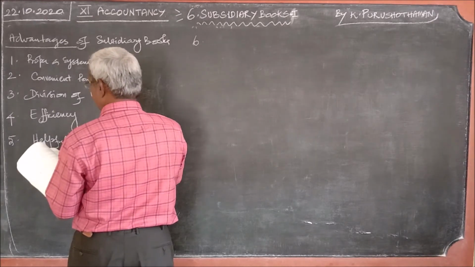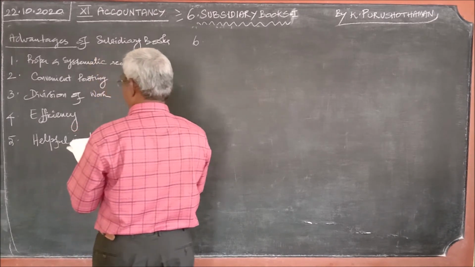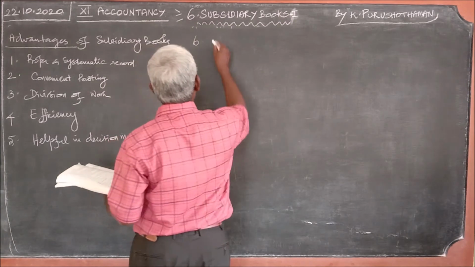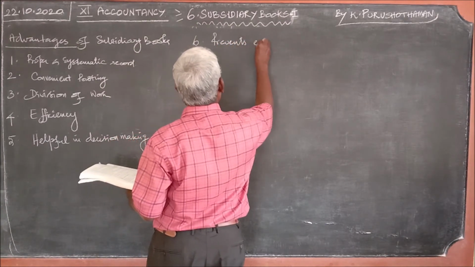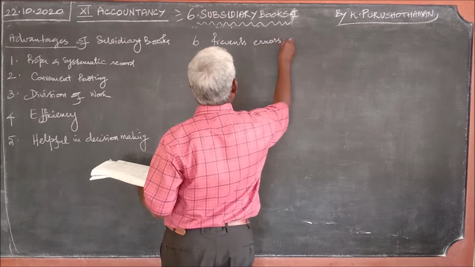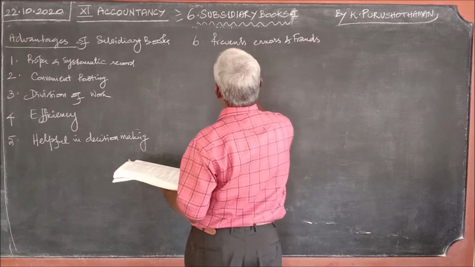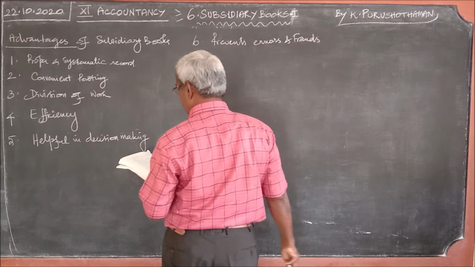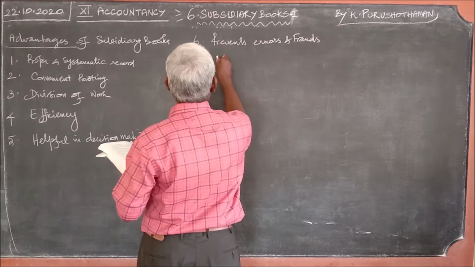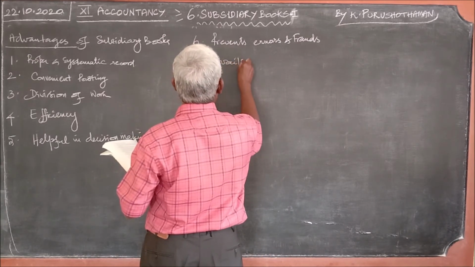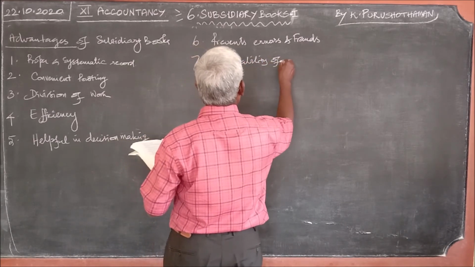Number 6, look at the board carefully, that is, listen to the video carefully. I shall explain them one by one. Prevent errors and frauds. Then number 7, availability of information.